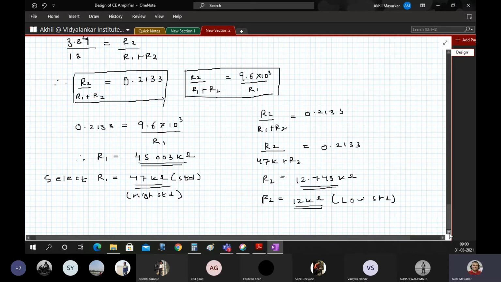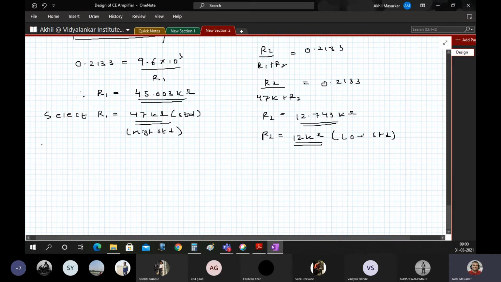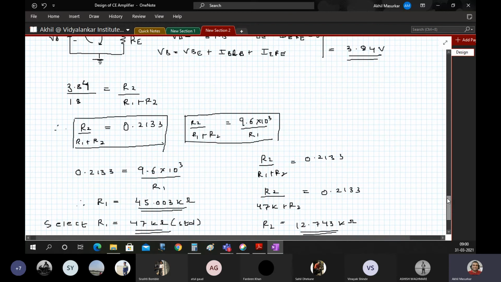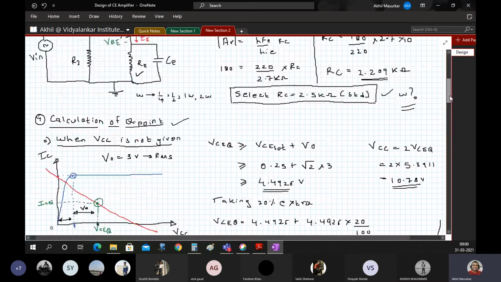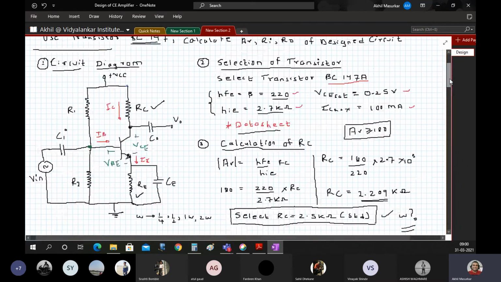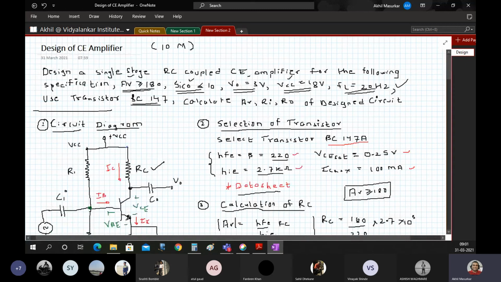So we have still not calculated the power rating. Now, PR1. The voltage drop across R1 will be VCC minus VB the whole square upon R1. You can see here from the circuit diagram itself, one point of R1 is connected to VCC and the other point is VB.